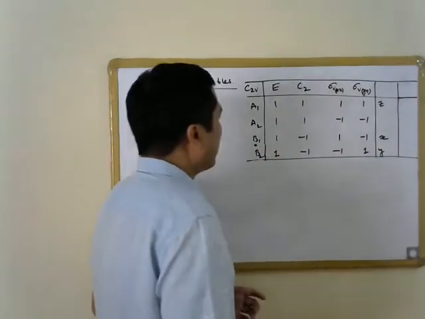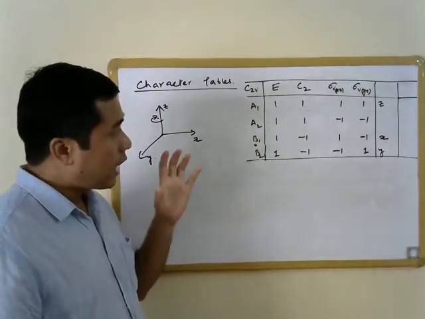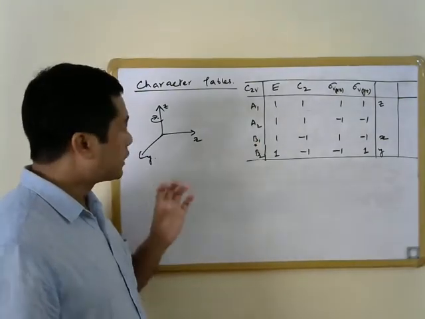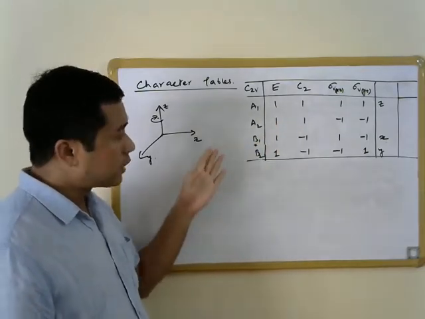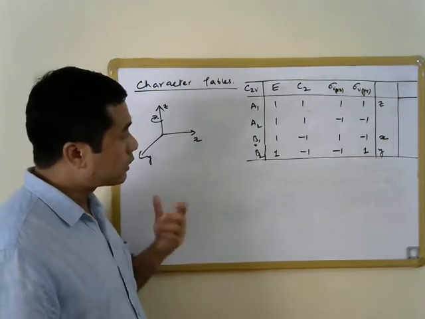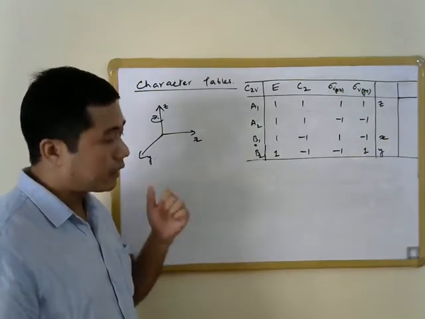So let us proceed further, because apart from x, y, and z, Rx, Ry, and Rz are also written in this particular section against the distinct irreducible representations. And how does one find out where to write Rx, Ry, and Rz?